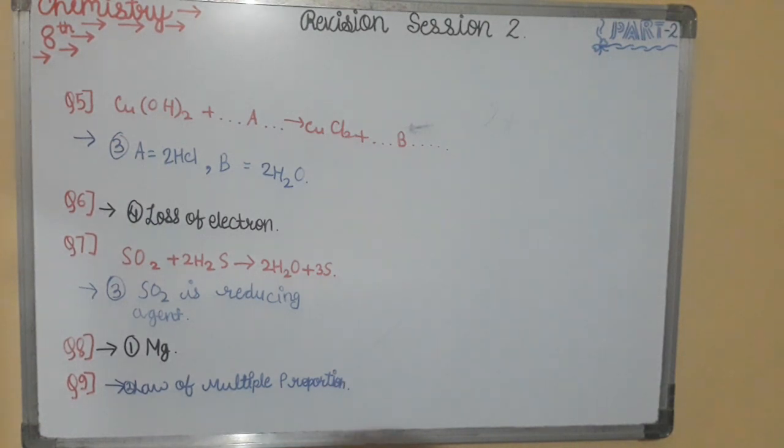Now question number 10 and the last objective type question is 2H2 plus O2 gives 2H2O. This reaction follows: option 1 law of constant proportion, option 2 law of multiple proportion, option 3 law of conservation of matter, option 4 none.